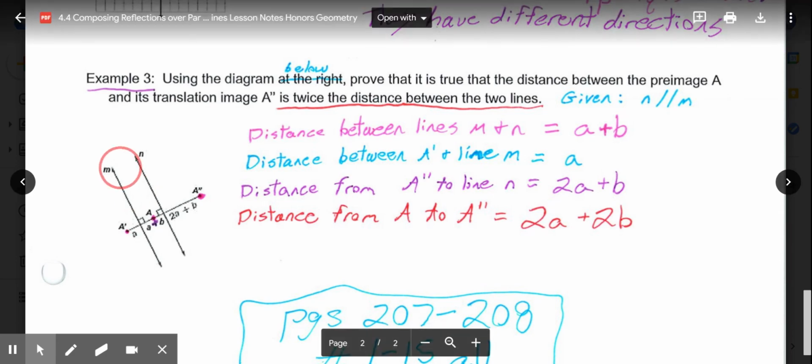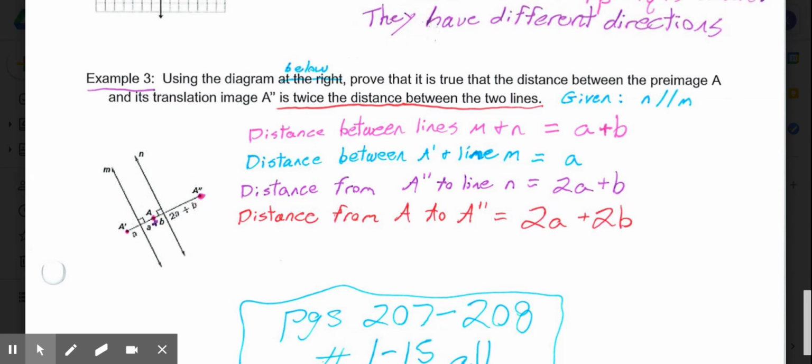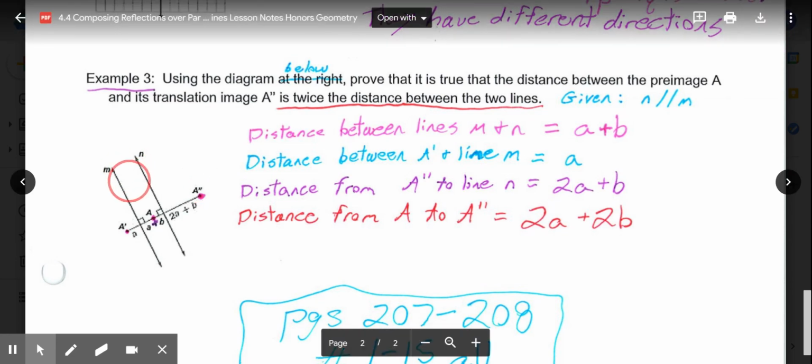So if N and M are parallel, we're going to come up with an idea that proves the distance from A to A double prime is twice the distance from M to N. The distance between lines M and N is simply A plus B. We have an A and a B here, so A plus B gives us the distance between M and N.